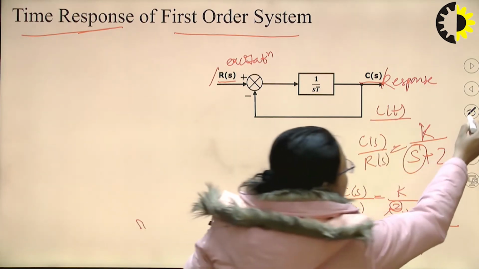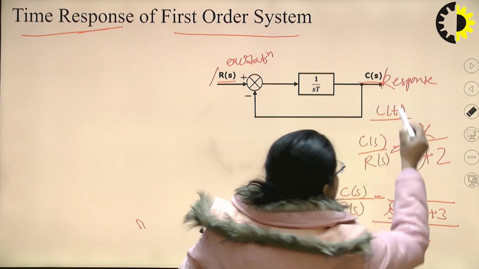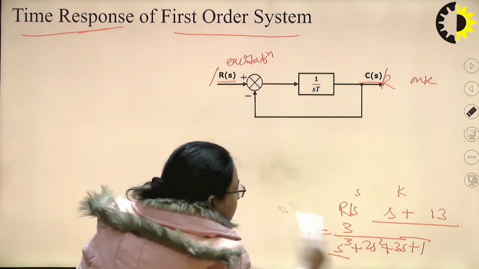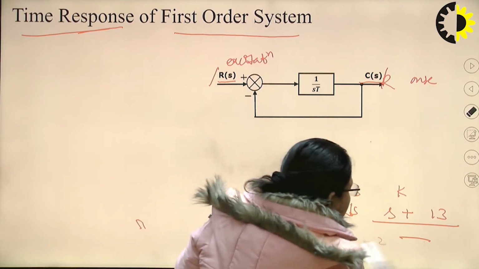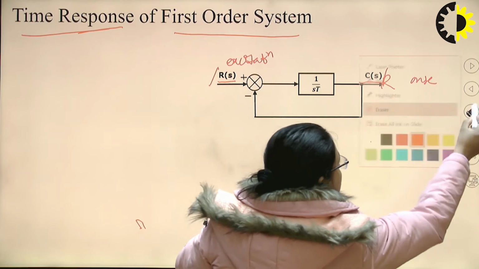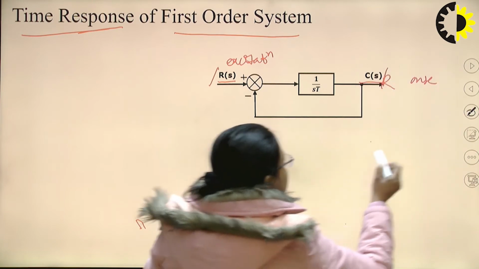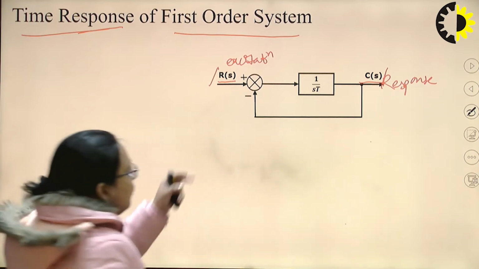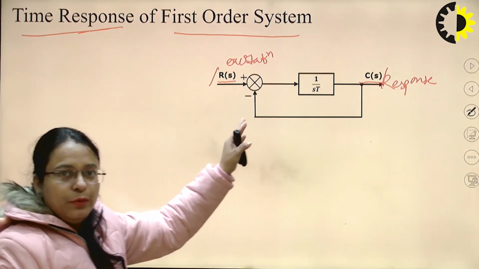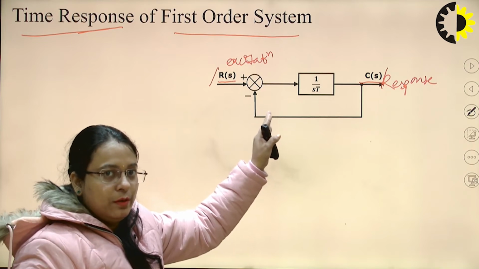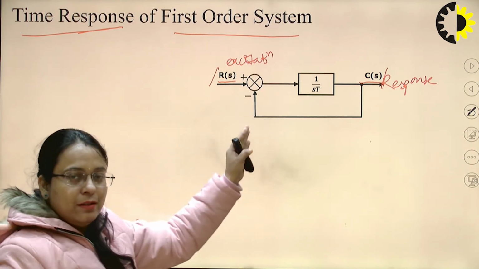Let me clear this first. I have taken this block diagram for the first order system. For this block diagram, first we will find out the transfer function and then correspondingly the response of the system. Then we'll analyze this system.